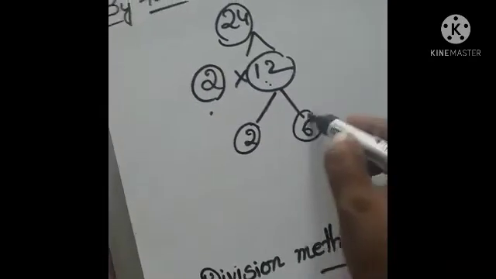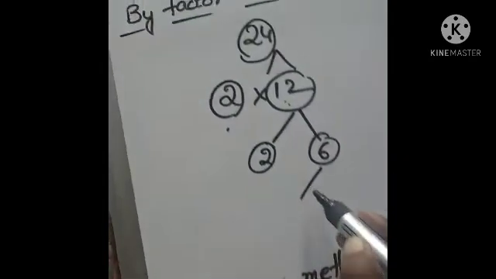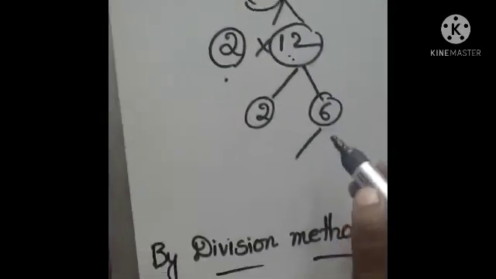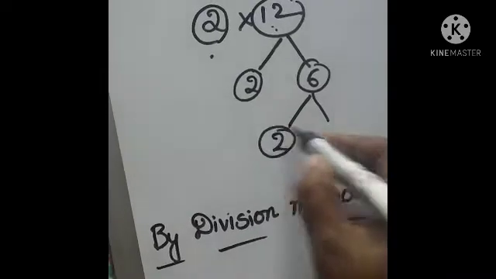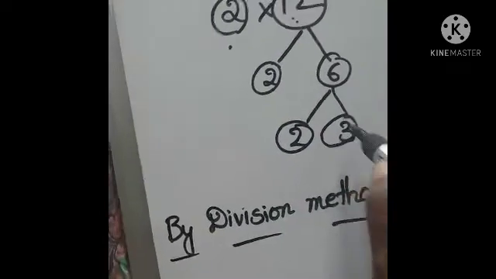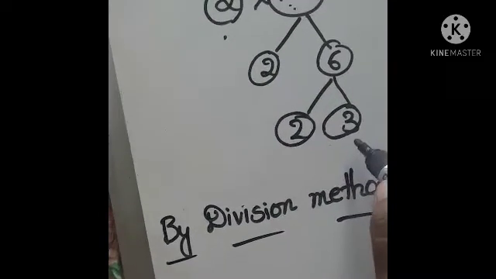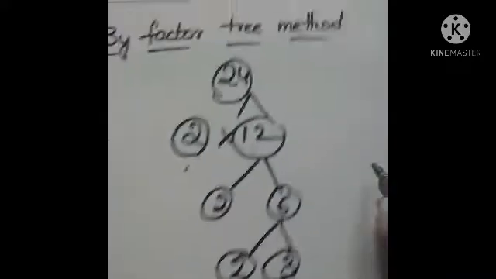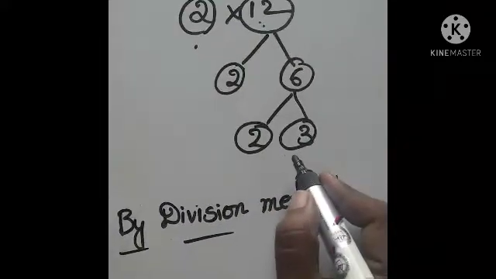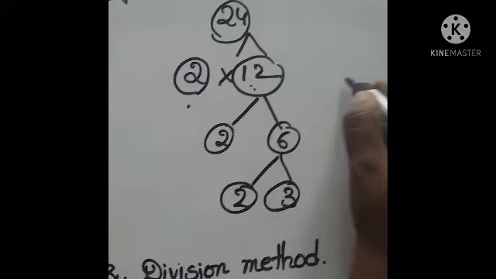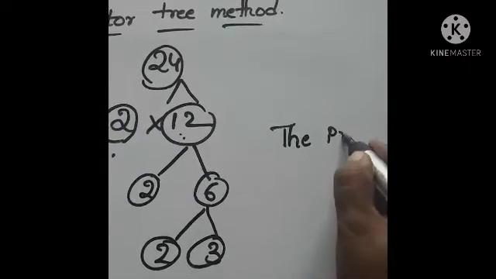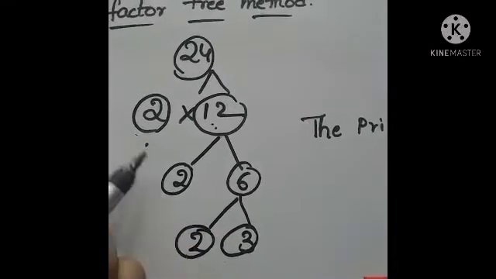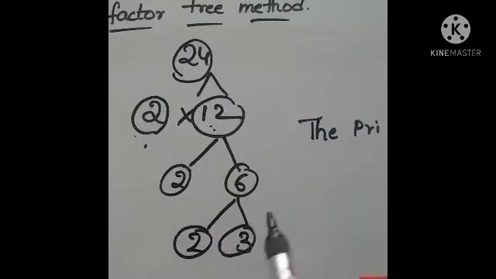Here write 12, and now continue to find the smallest prime factor at every step. Here 2, 2 3s are 6. 3 is also a prime factor. After completion, all are prime numbers: 2, 2, 2, 3.